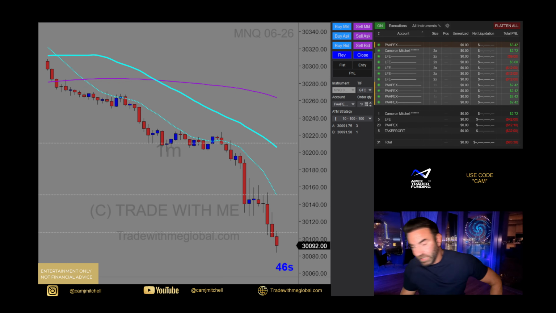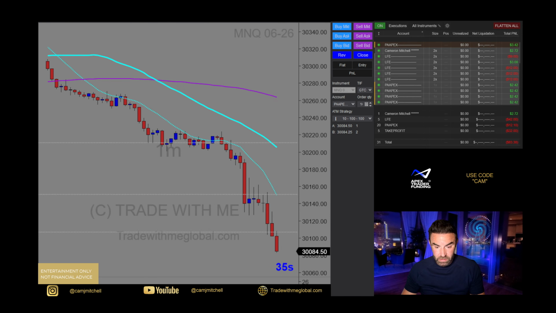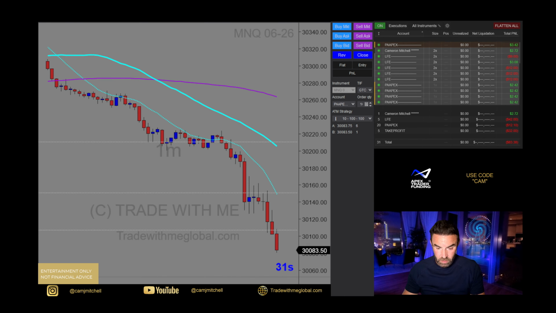I think we'll keep going through here. This actually looks pretty good, and it's just broken through that level now too. So we just need a bit of a panic here. Yeah, it looks really heavy.